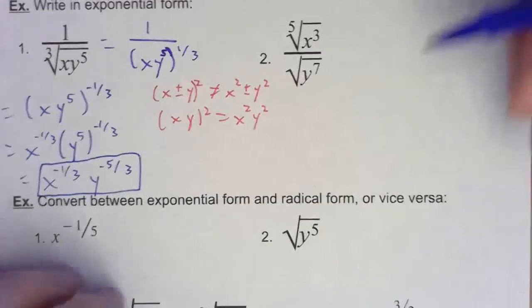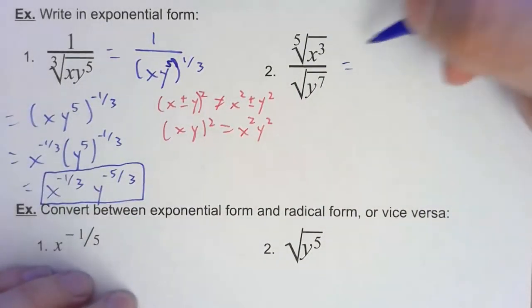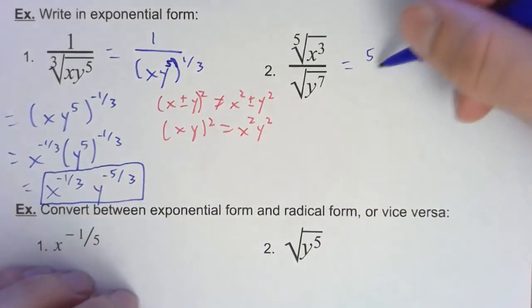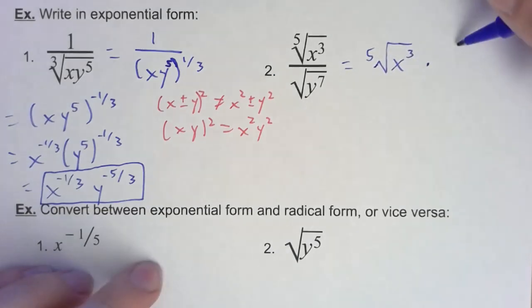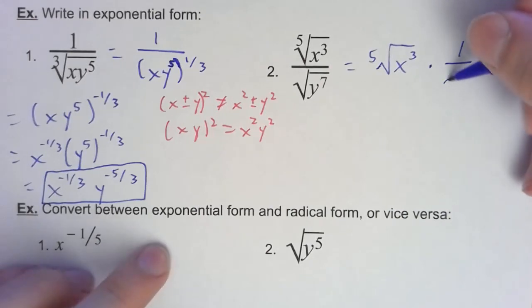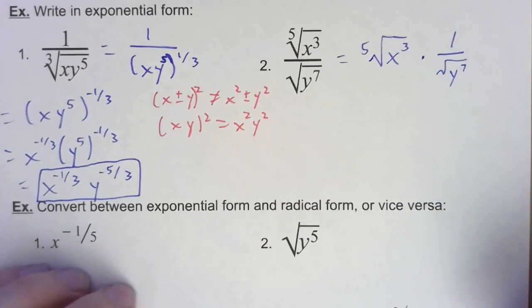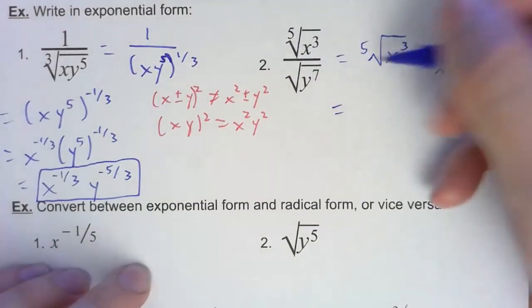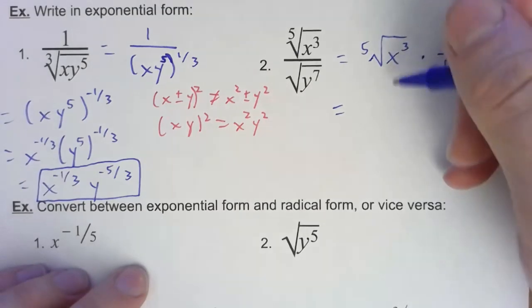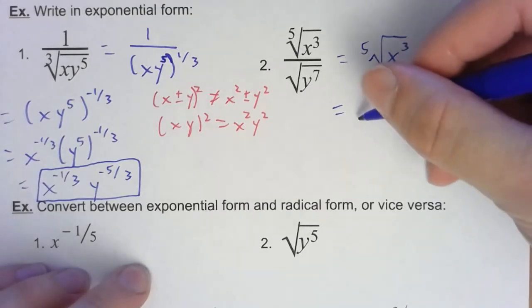Okay. Now this one here, it could be helpful to you to look at this as the 5th root of x cubed times 1 over the square root of y to the 7th, like that. Okay, so what was on the numerator here, this fifth root of x cubed, that's not a negative exponent. That's a regular exponent.